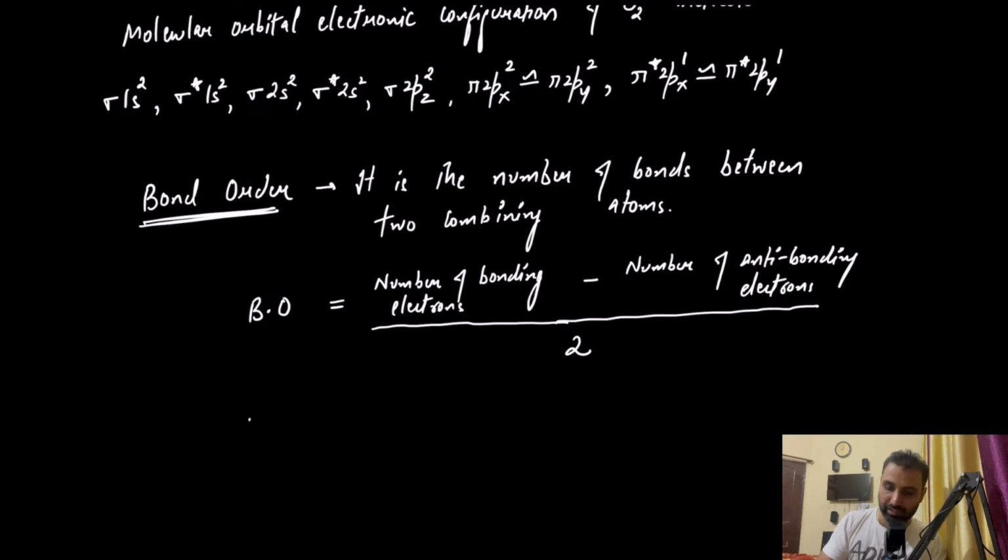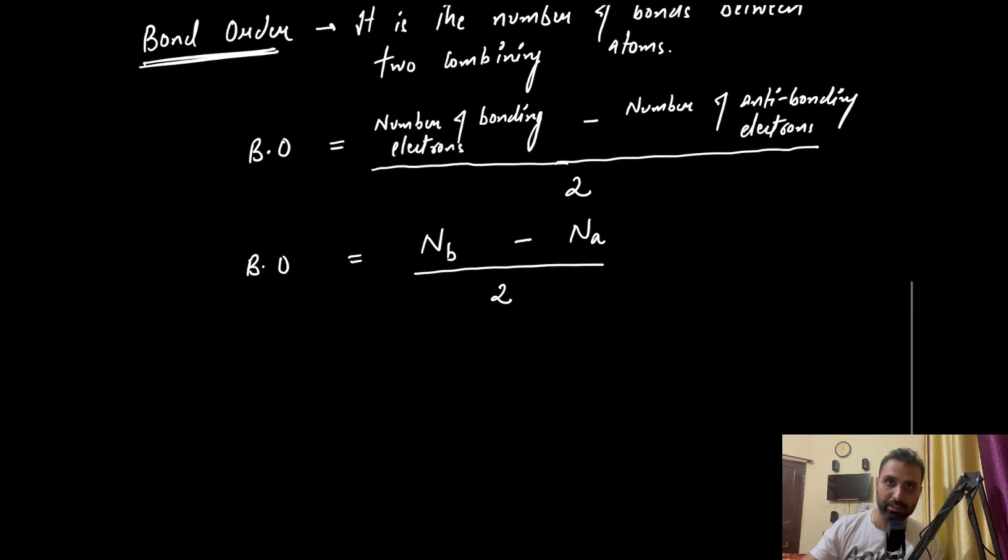In simple terms, we can write that bond order is equal to the number of bonding electrons minus number of anti-bonding electrons divided by 2. Now let's evaluate the bond order for O2 molecule.